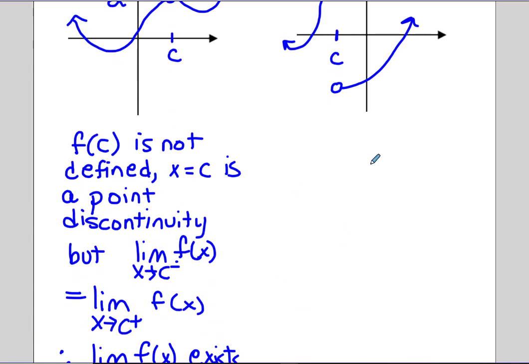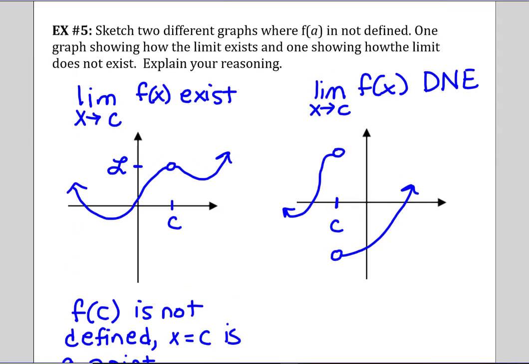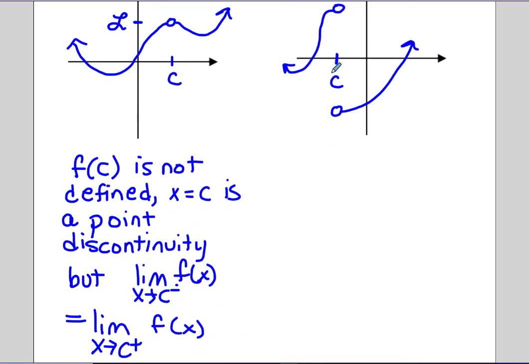To explain that, did they say we had to have f of c is not defined? They want me to use a. I'm using c. I think my old textbook had a c there. So first of all, f of a is not defined like they asked us to do.